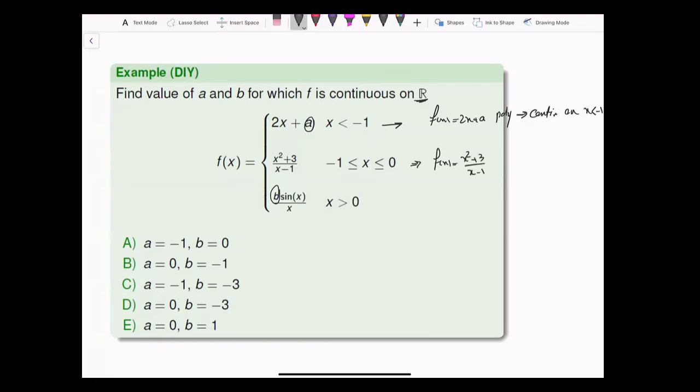A rational function is continuous everywhere but where the denominator is 0. Here, the denominator is 0 at x equal to 1. So that is where this function has a problem. It's not continuous at x equal to 1. But note that x equal to 1 is not included here. So we can go ahead and write that this is continuous on the given domain.